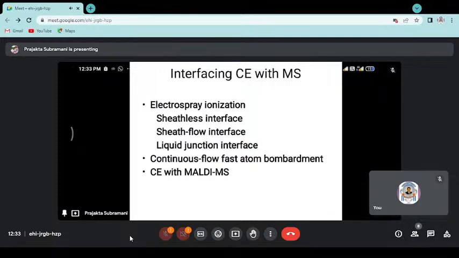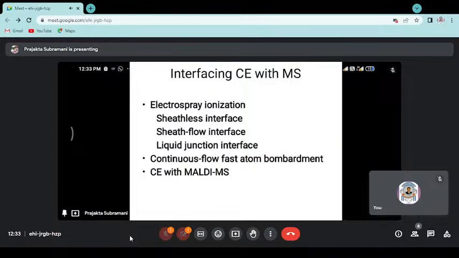Then N2 gas is supplied as a nebulizing gas, which helps to spray the sample analyte. N2 gas is also supplied for desolvation of the sample, so it helps to vaporize the sample and produce the molecular ions. These molecular ions are accelerated towards the accelerating chamber, and then detected according to their mass to charge ratio. So this is the electrospray ionization technique.